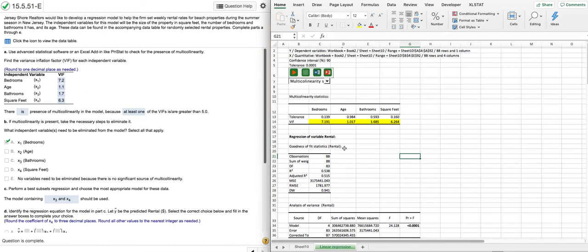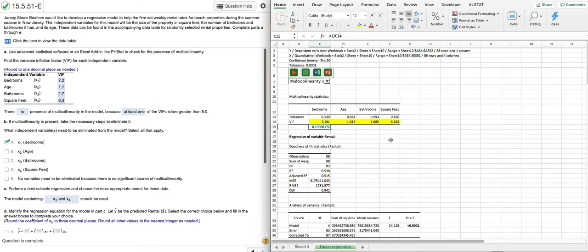Notice before we go on that there is something here within the multicollinearity statistics called tolerance. The tolerance statistic is also another measure of multicollinearity, and it's really just the inverse of the VIF. So to calculate the tolerance, if we had the VIF for bedrooms, which we do, then all we would need to do is take 1 divided by that VIF figure, and that gives us our tolerance score.